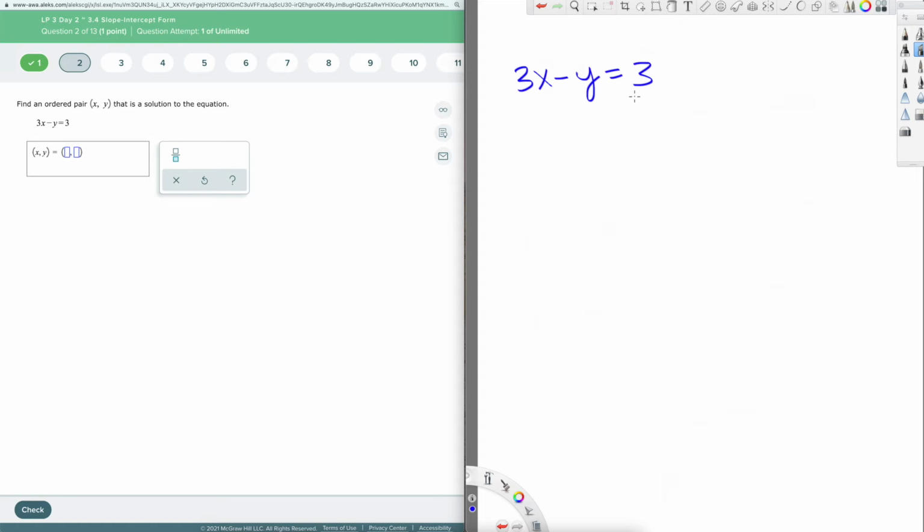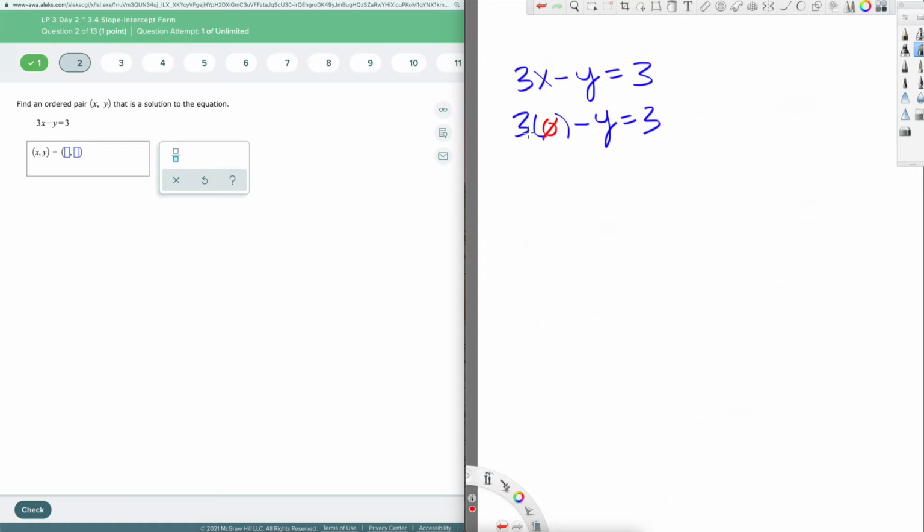It doesn't matter. I can plug in 1,000,000 here if I would like. So I'm just going to choose a number, and I kind of like 0 because 0 is really easy. So I'm going to plug 0 in for x, like this. Because 0 tends to eliminate something, because anything times 0 is 0. So that's why I like to pick it.